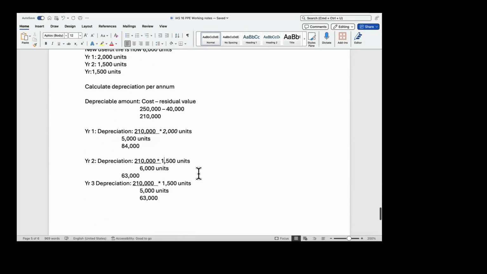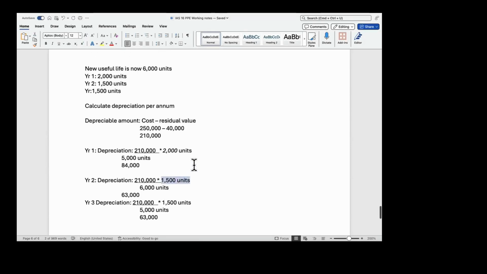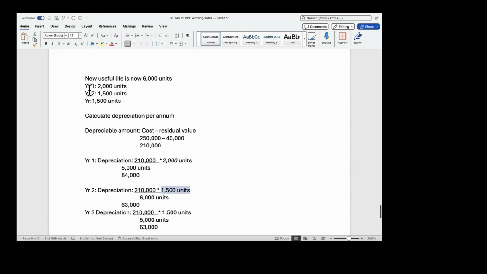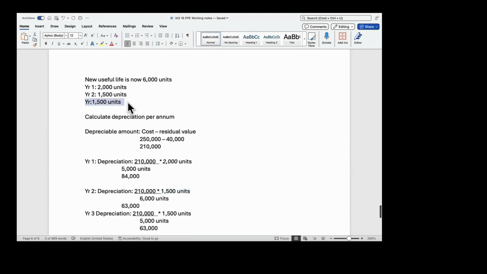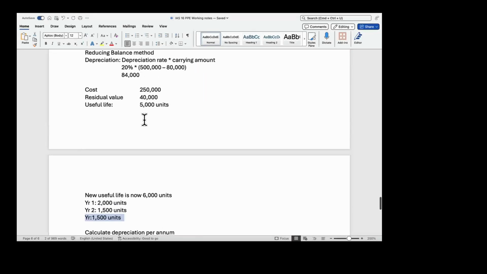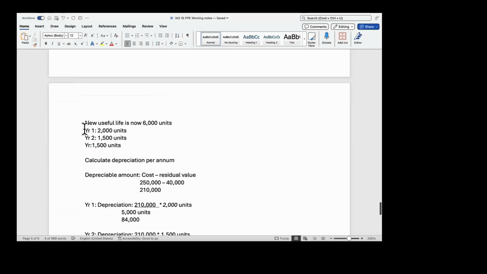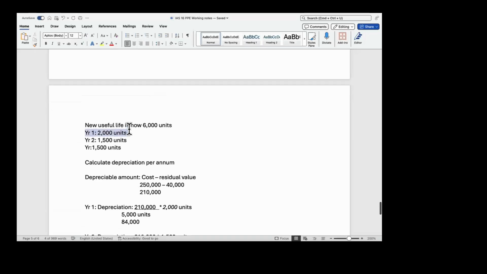The reason is that if the useful life increased to 6,000 units from year two, don't you think that also means the units produced in each year would also improve? The useful life before was 5,000. In year one, this guy was able to do 2,000.